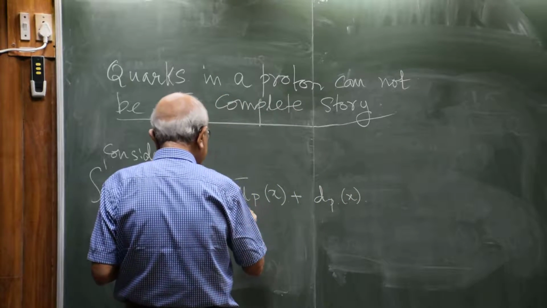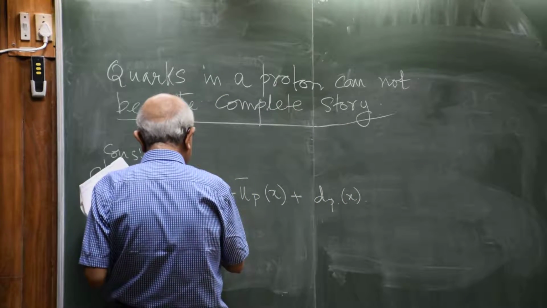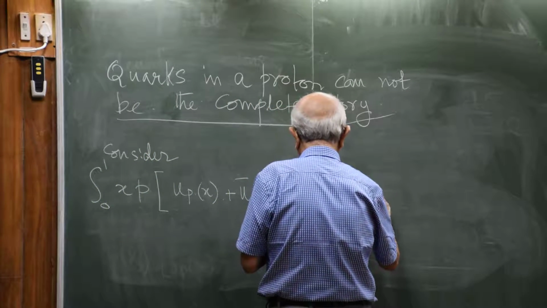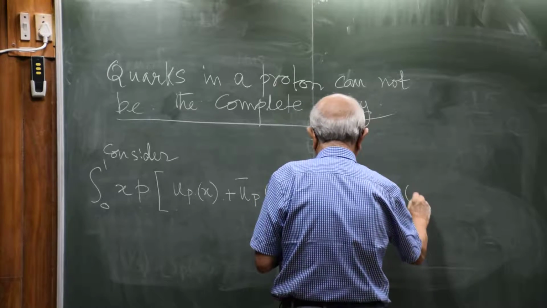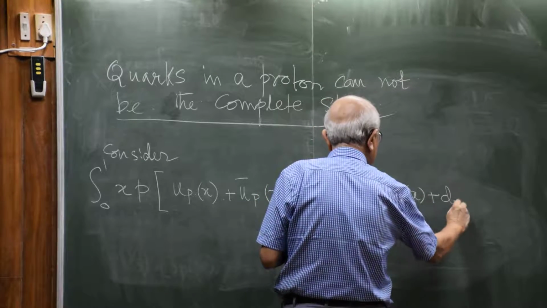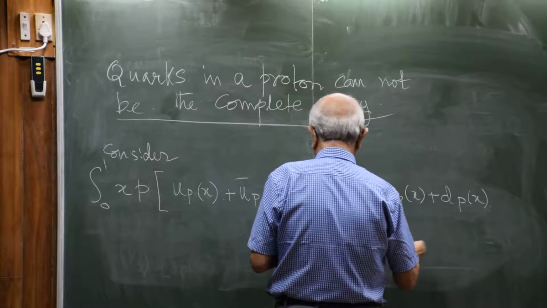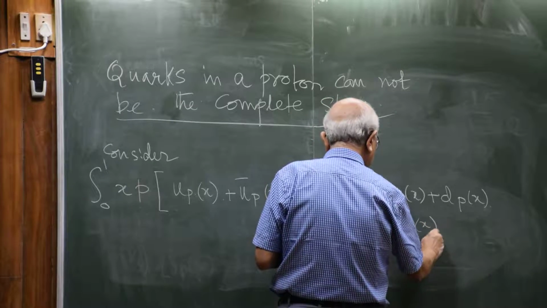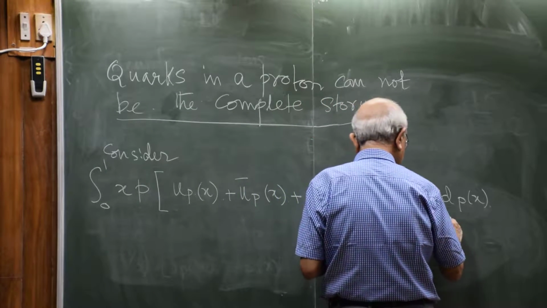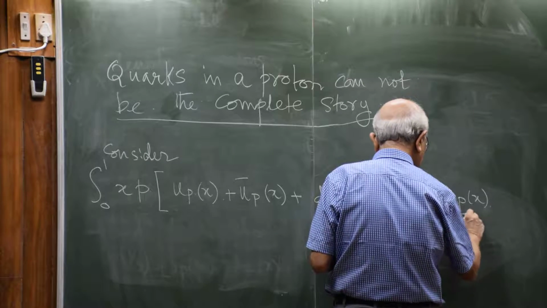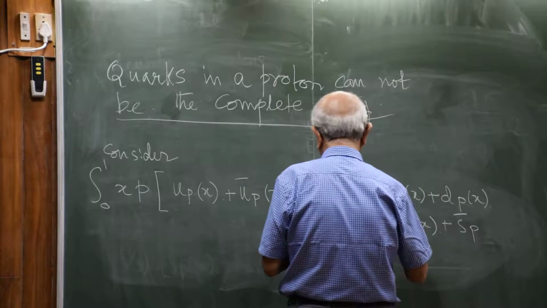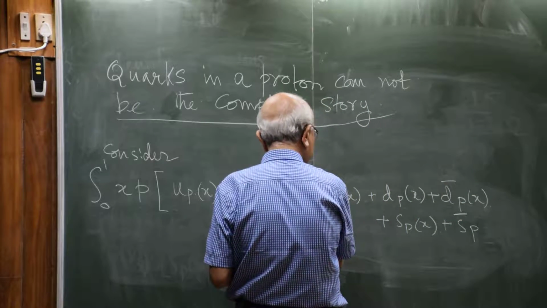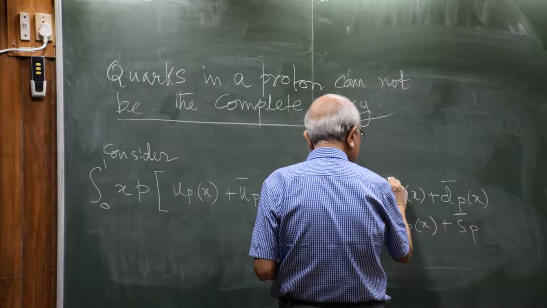So here it means indeed that u is the density of the u-type quarks inside a proton, but I have to write more: u bar also.